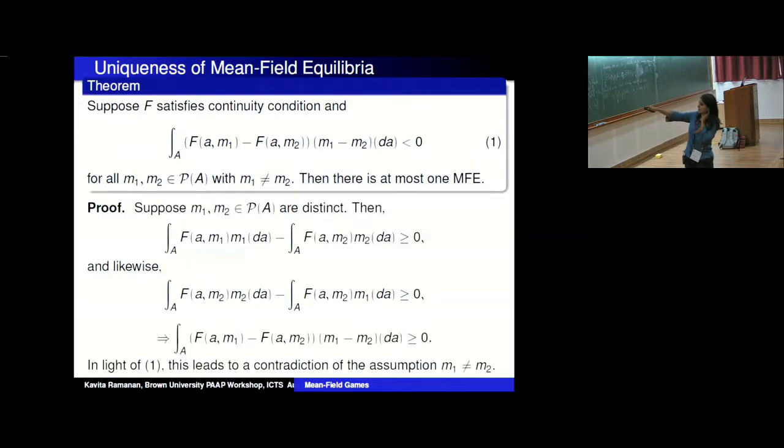Because FA_M1 minus FA_M2 has to be positive, you're going to have this greater than 0. On the other hand, if you change the M2 minus M1, it also has to be greater than 0 because of this. So if you take the difference, you get this, and in light of 1, this leads to a contradiction of the assumption M1. So it's actually just a two-line proof.